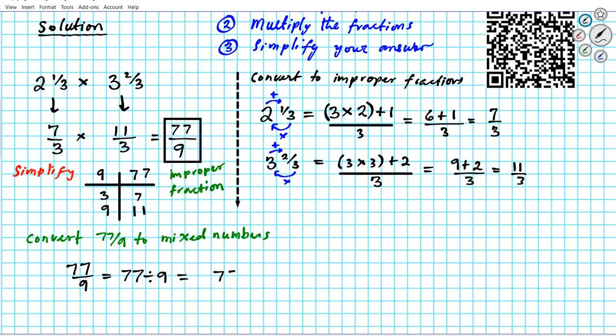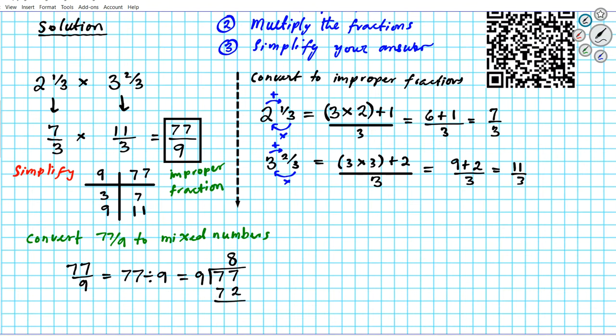Top dog goes in the doghouse. So the numerator goes underneath the long division bar, 9 outside. And we'll just long divide, okay? So 9 can't go into 7, so we look at both of them together, 77. If you think about your multiples of 9, 9 goes into 77 8 times. 9 times 8 is 72.